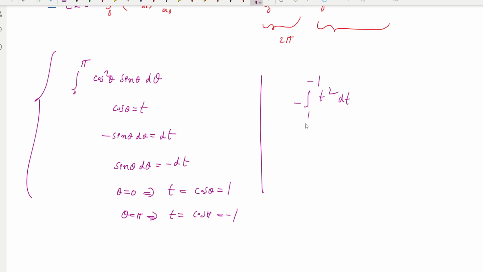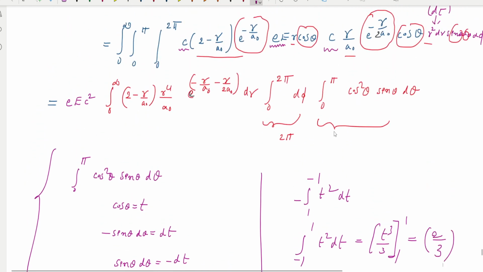So if you interchange the limit values, then the minus will go, right? I'm going to interchange these limit values, t square dt. Now you can apply integration, t cube divided by 3 from minus 1 to 1, then you can easily get 2 divided by 3. What is this answer? 2 divided by 3. So now we are going to simplify this one.